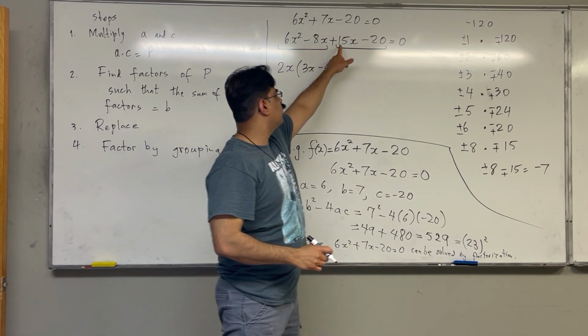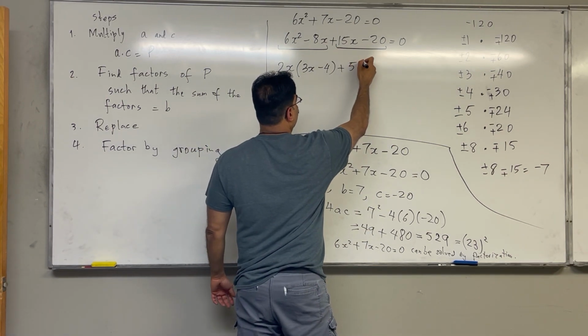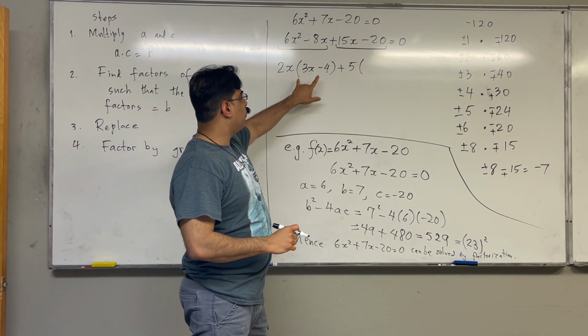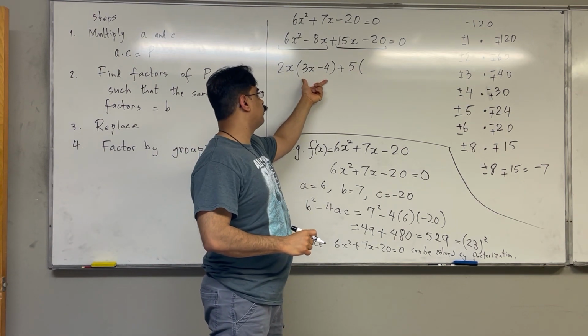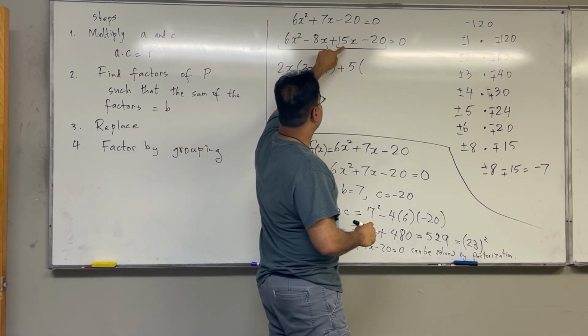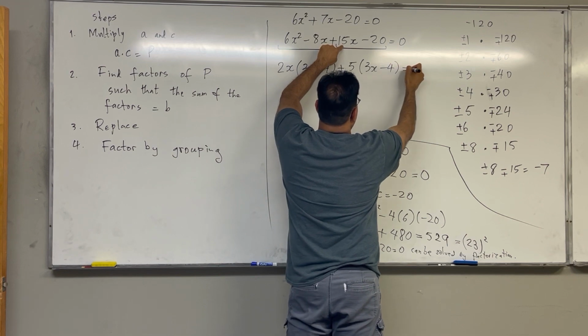And what can we factor out from these two? They don't have x in common, so 5 would be factored out. Now the important thing in factorization is you should get the same quantity within the parentheses. There shouldn't even be a difference of signs. So if I factor out a 5, I'll get a 3x, and I'm left with a 4.